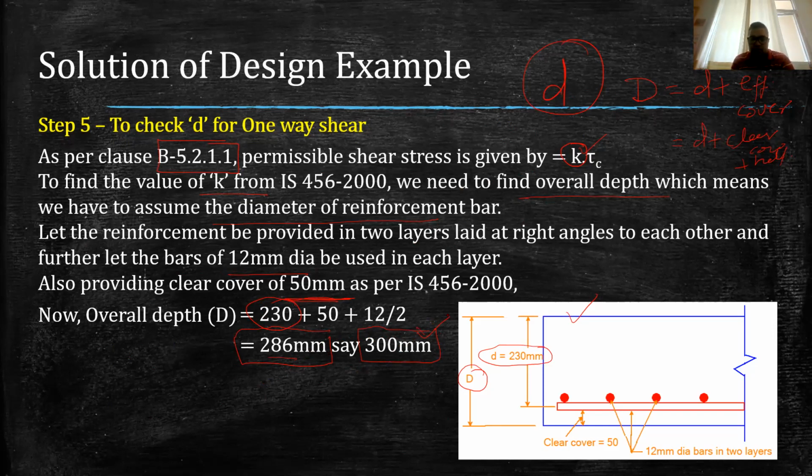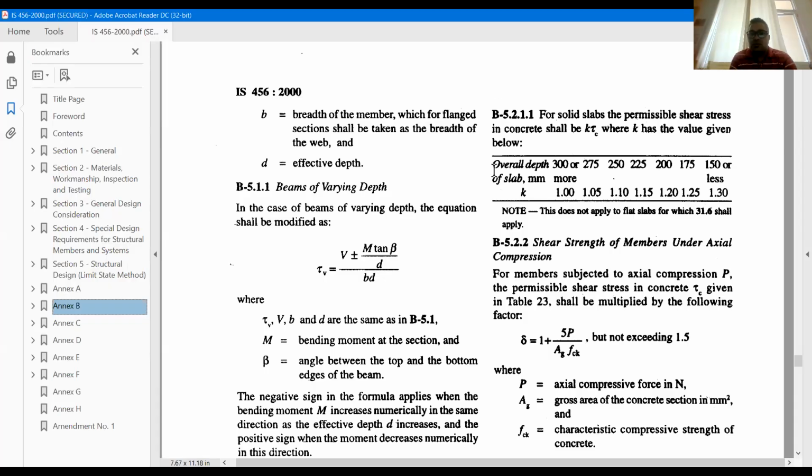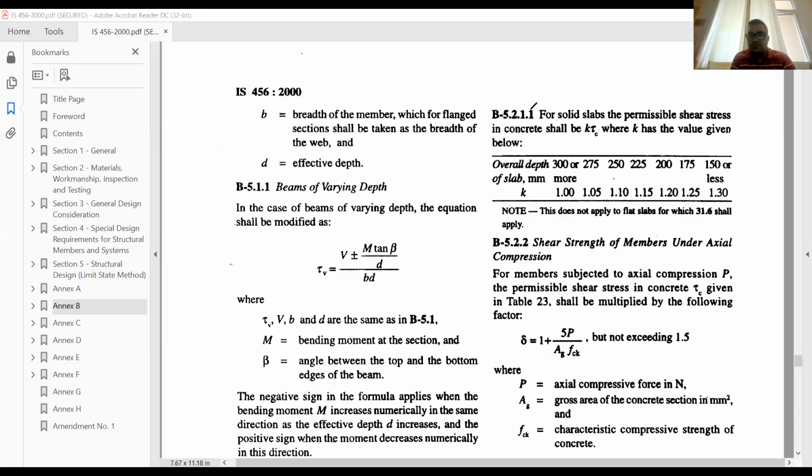Now for this depth, what will be the value of K? That we will see now in the IS code. So here, this is the clause, and it says, for solid slabs, the permissible shear stress in concrete shall be K into tau C. Because our foundation is like a solid slab, we can find K into tau C. Before tau C, we will find the K value.